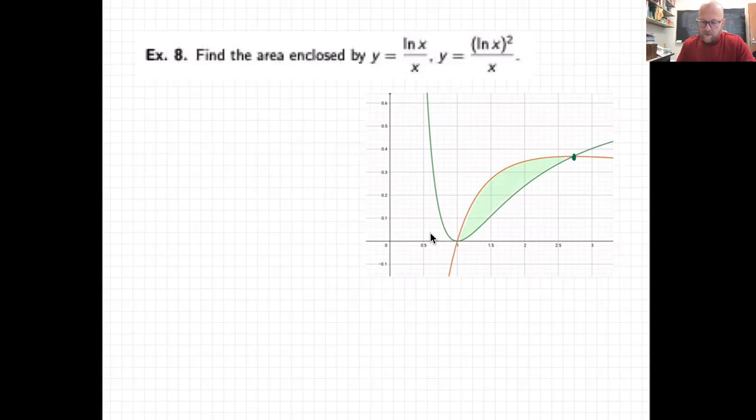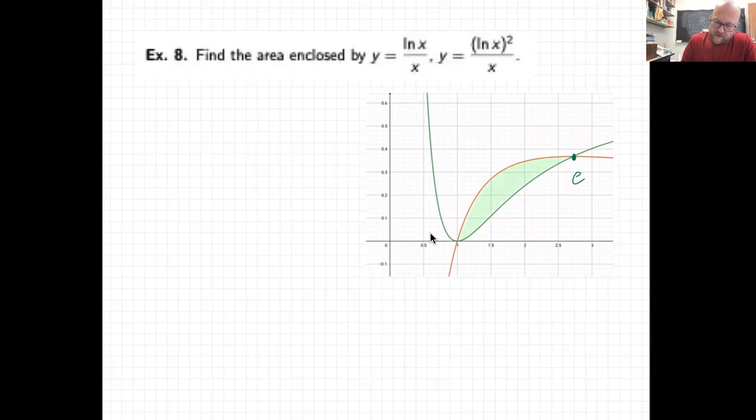You might not be able to spot that super easily, but when we let the x be equal to e, then we'll get a 1 on the top of both of those functions and an e on the bottom. So that's what's going on with that.